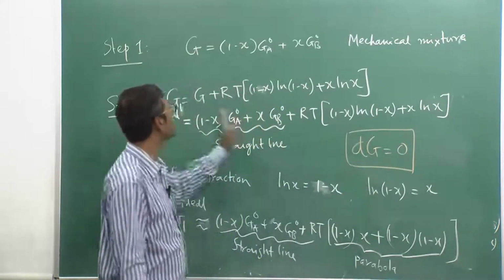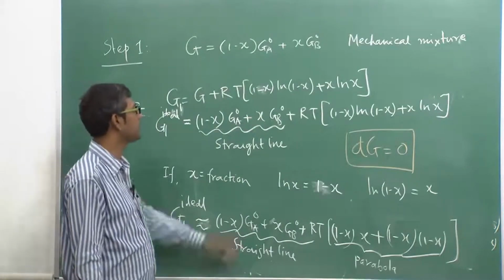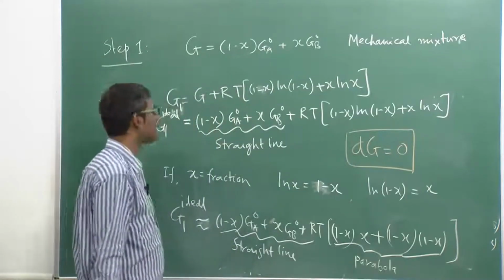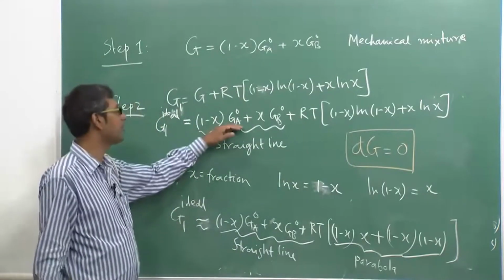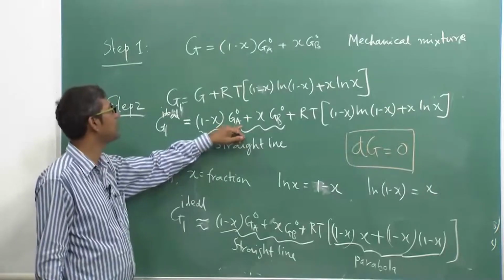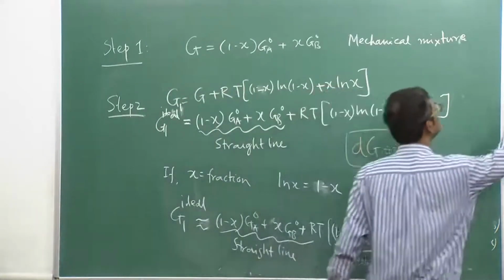Now, if I differentiate G in terms of what? In terms of temperature, in terms of x, because there are two variables. And if you look carefully, even if I do not assume pressure to be constant, there will be 3 variables. Pressure will also be built in here within GA0 or GB0. So G is nothing but a function of 3 variables here.